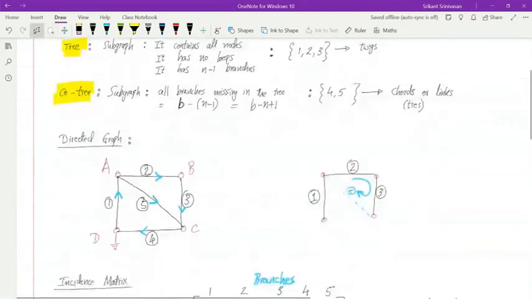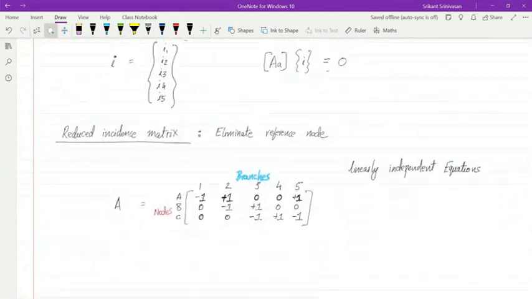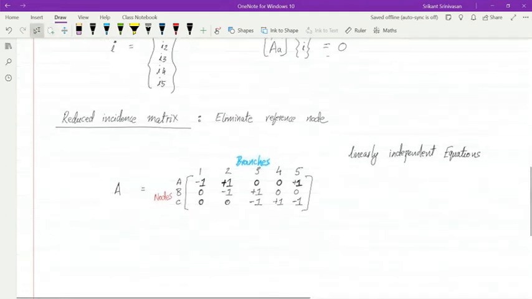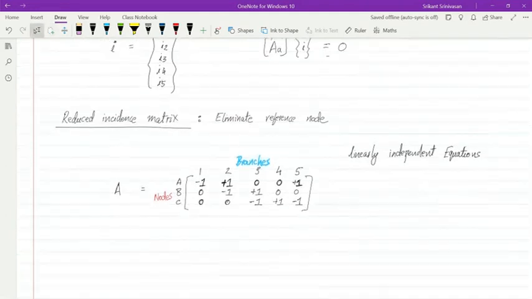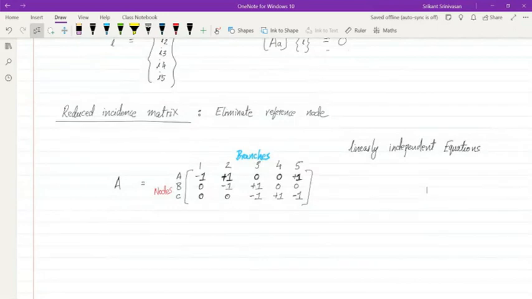I1 is equal to I4 already. So to solve for the unknowns, you need the minimum number of linearly independent equations. So that's what is happening here. And then if you were to take this reduced incidence matrix and multiply it with the vector I equal to 0, then that gives you all the linearly independent equations.